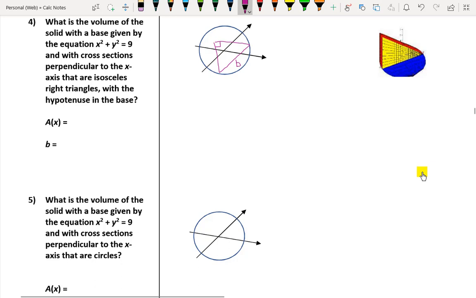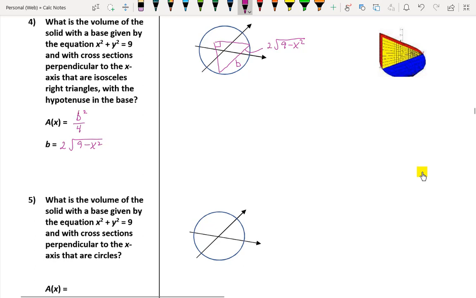Which is what we know, because we know that this b value, this is our base, and our base has consistently been 2 times the square root of 9 minus x squared. Okay, so we know that b, the base of this thing, is 2 times the square root of 9 minus x squared. But the area of this thing, if we're going to use b for the area, our formula on the other page was b squared over 4.